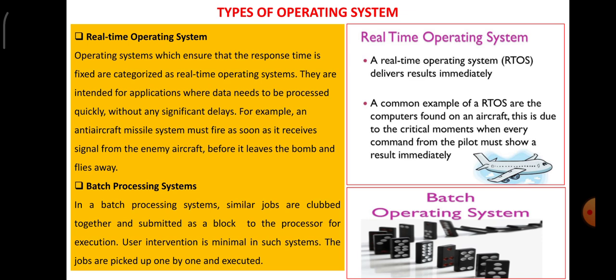In a batch processing system, similar jobs are clubbed together and submitted as a block to the processor for execution. User intervention is minimal in such systems. The jobs are picked up one by one and executed. It is picked up one at a time and finally it goes to the last one as a batch.